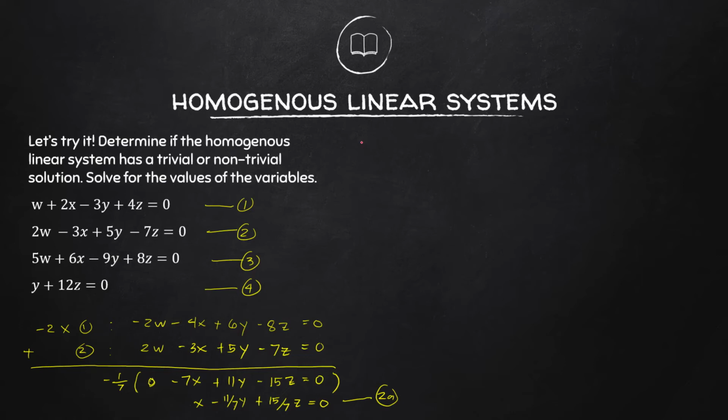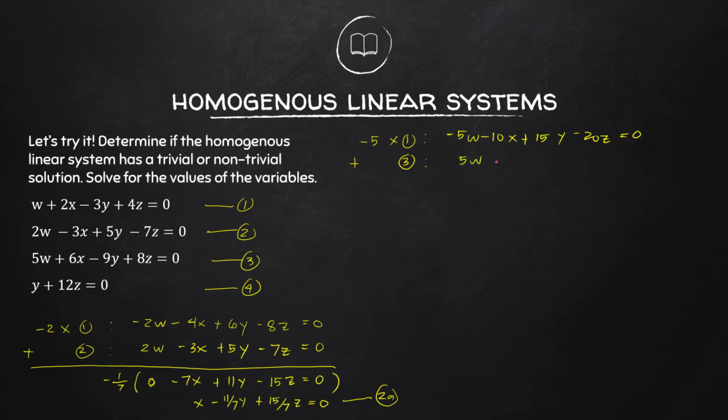To eliminate w in equation 3, we will multiply equation 1 by negative 5 and add it to equation 3. So we have here negative 5w minus 10x plus 15y minus 20z equal to 0.